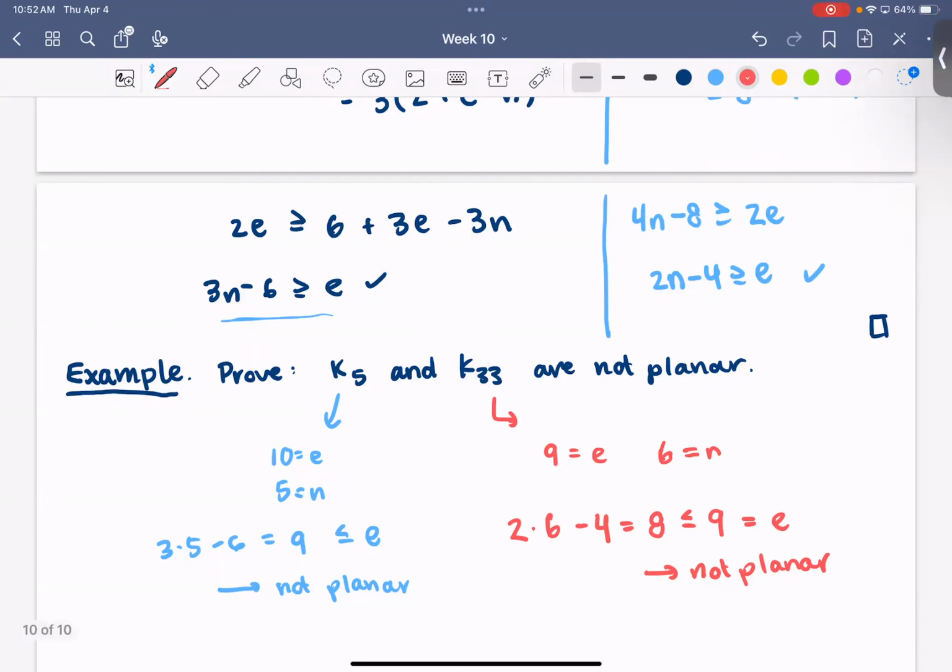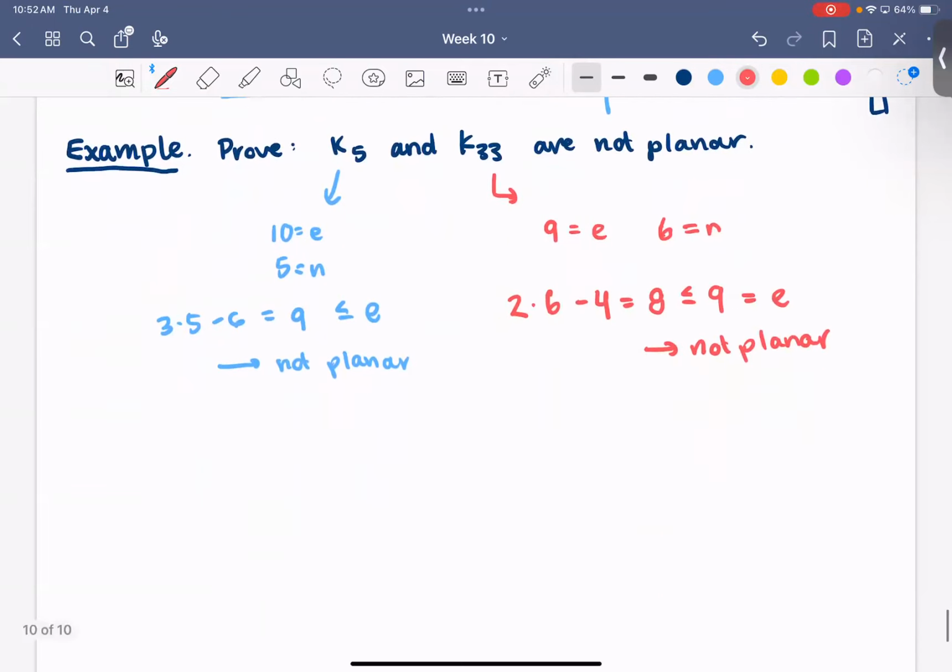Okay, so let's see a definition sort of related to this.